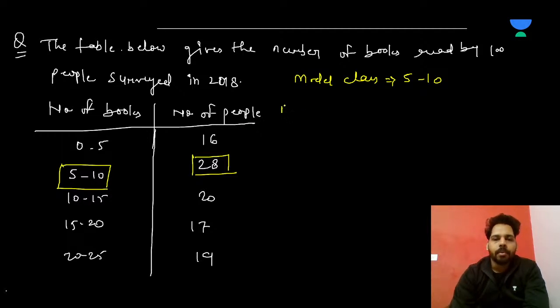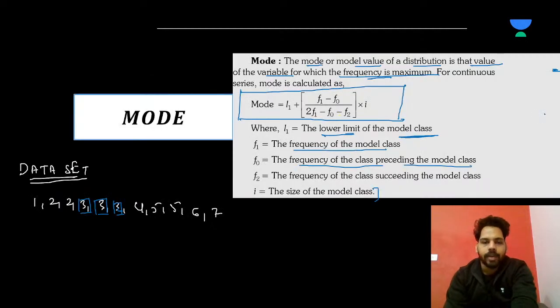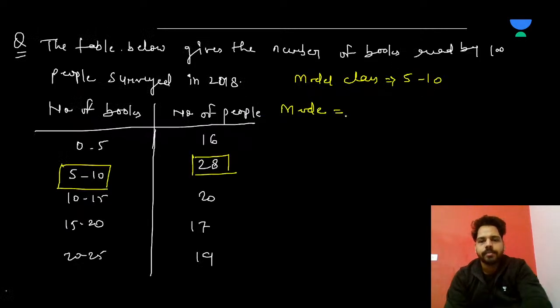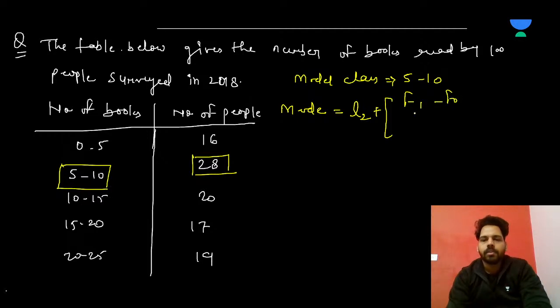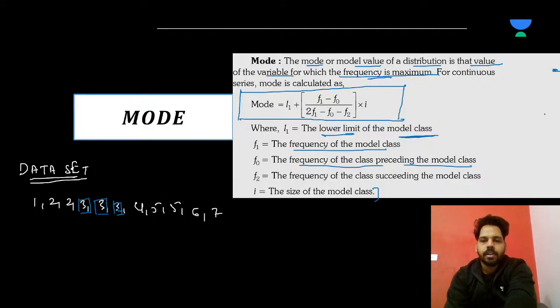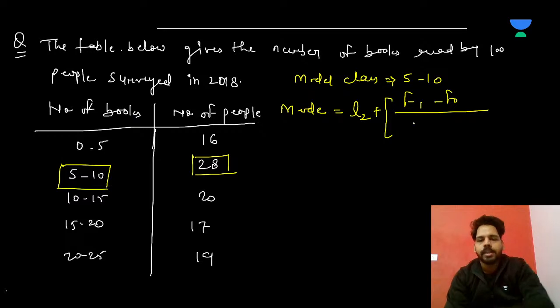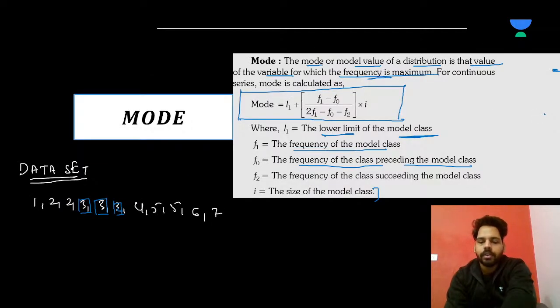Now you will apply the formula: mode is equal to L1 plus (F1 minus F0) divided by (2F1 minus F0 minus F2), into I. So always get the habit to write the formula. You can check I am using the same formula which is written over here.